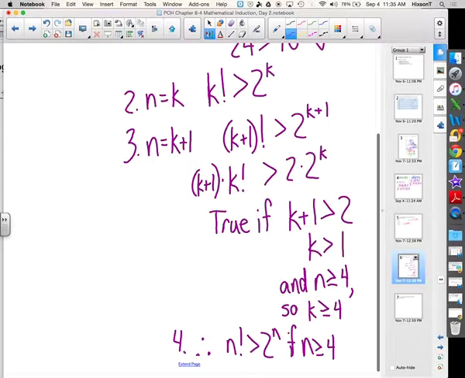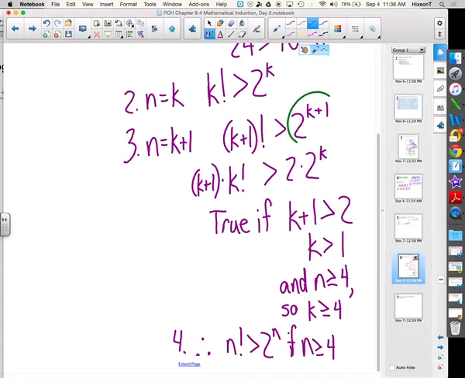Well, you shouldn't have 2k factorial. You're plugging k plus 1 in. It should be k plus 1 factorial. Aren't you multiplying both sides by 2, or just one side by 2? We're not multiplying both sides by anything. Yeah, but where did we get 2 times 2 to the k?